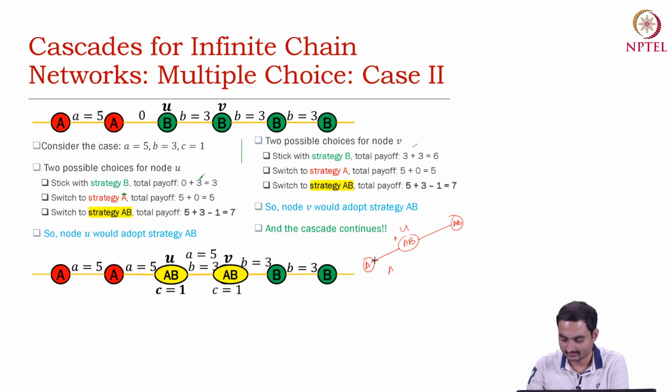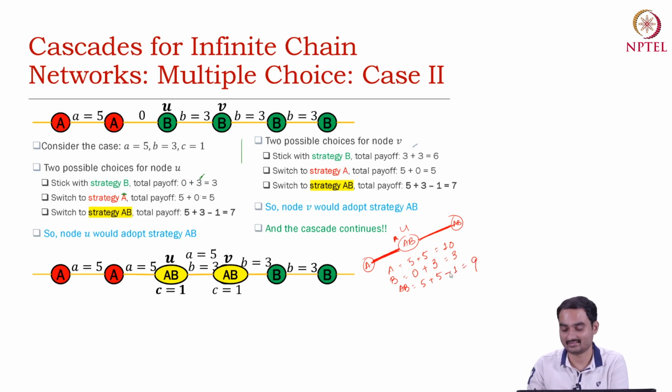If it is A, then due to this interaction it would be 5, and due to this interaction also 5. So the payoff is 10. What about B? If this is B, then due to this one it is 0, and due to this one it is 3, small b, 3. What about AB, the current strategy? Due to this one it would be 5, due to this one also 5, but the cost is 1, so 9.